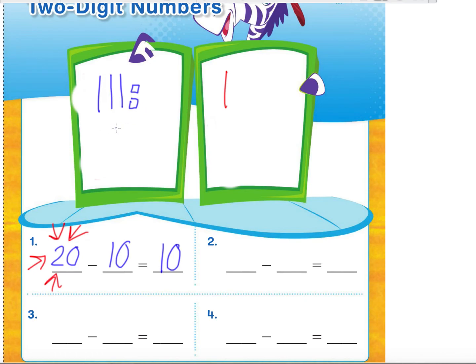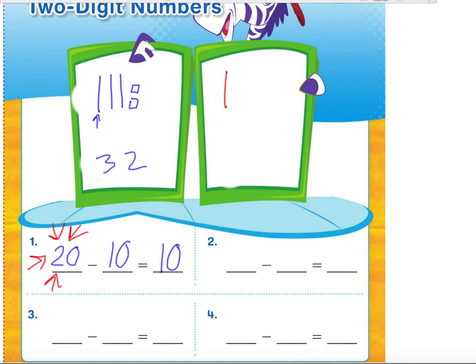All right? So we count our tens first. We need to know what's in the tens place. So we're going to count right here. Ready? So we have 10, right? Start right there. Ready? 10, 20, 30. So there's going to be a 3 in the tens place. And how many ones? 1, 2.